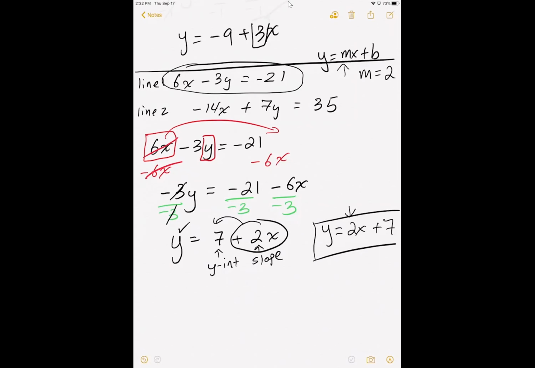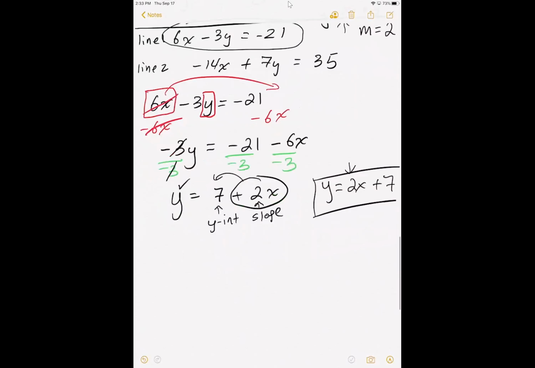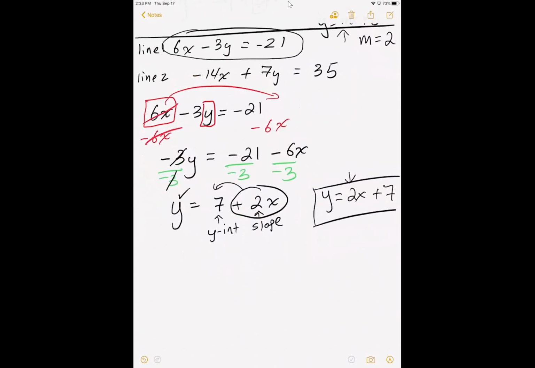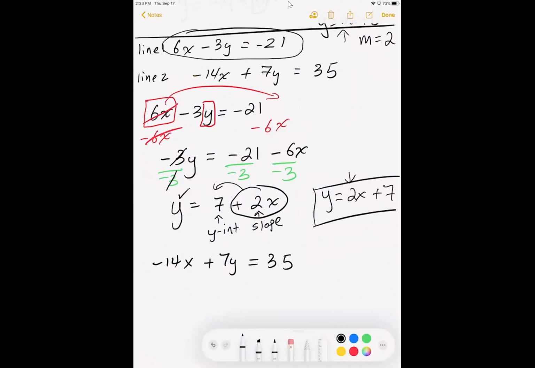If you don't have a question, let's take a look at the second equation. My second equation, I have negative 14x plus 7y equal to 35. Consistently the same. How do I get y by itself?